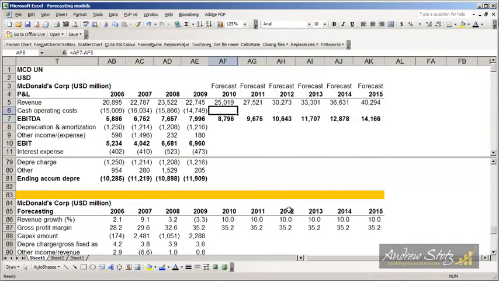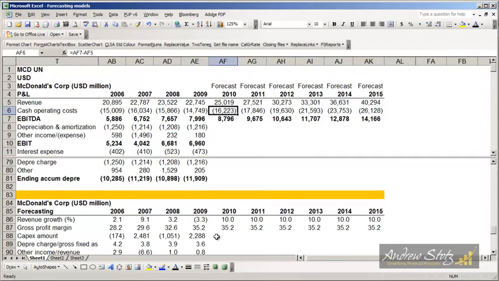The result is that we can also get our cash operating costs, just looking at revenue minus EBITDA, and that gives us our cash operating costs, which we can look at here. So now we can see that we forecast revenue, then gross profit, and cash operating costs, or cost of goods sold, is a result of that.